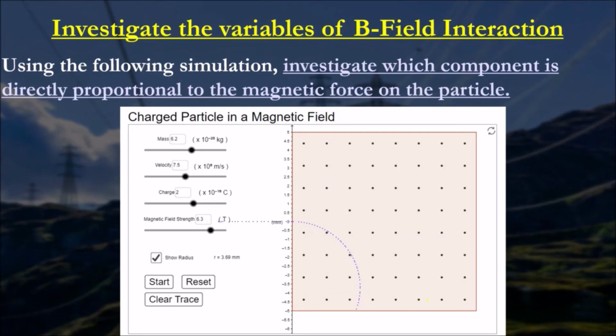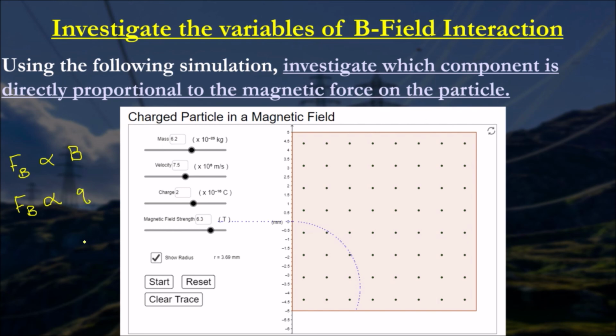Okay, so let's do a quick summary of what we saw from that simulator. We know that the magnetic force on a charged particle is directly proportional to the magnetic field strength it's traveling through. It is also directly proportional to the charge of the particle.